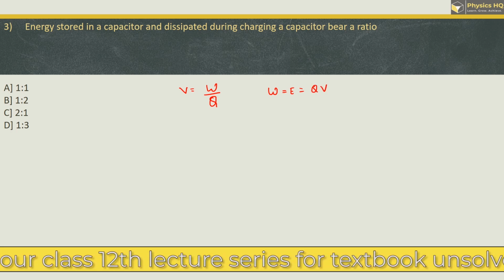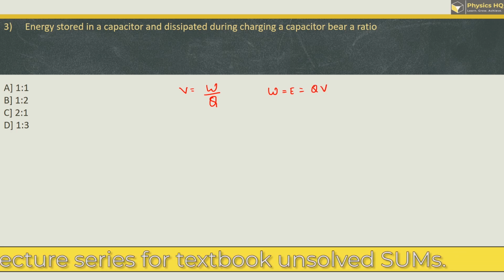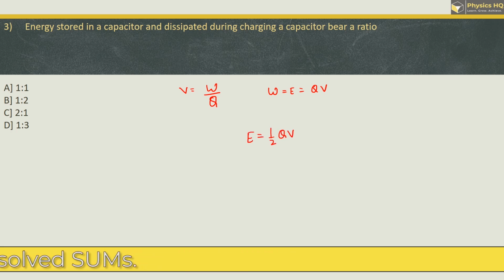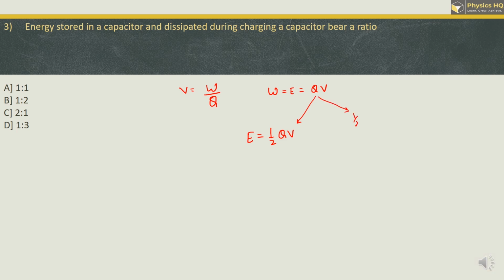This is the energy supplied, but the energy that is stored in the capacitor is only half of QV. So only half of the energy is stored and the remaining half of the energy is dissipated. Since equal amounts of energy are dissipated and stored, their ratio is 1:1. Hope you all understood this. Let us go ahead with the next MCQ.